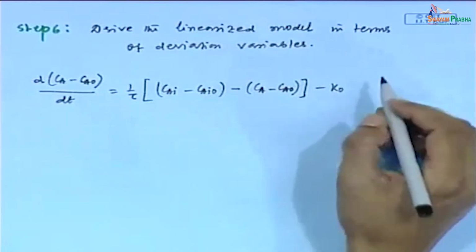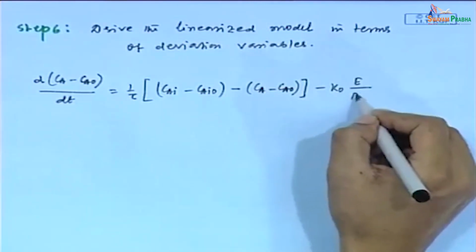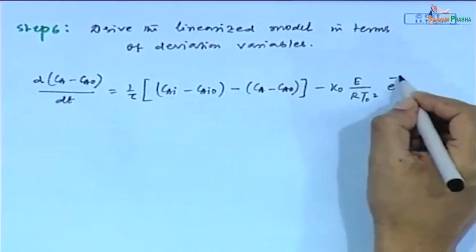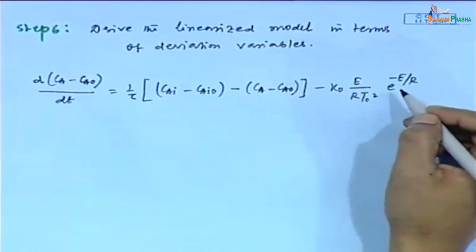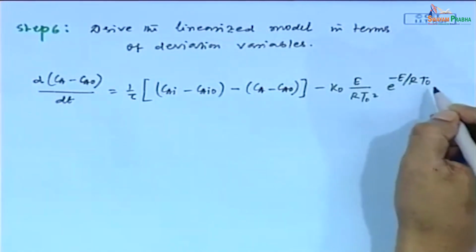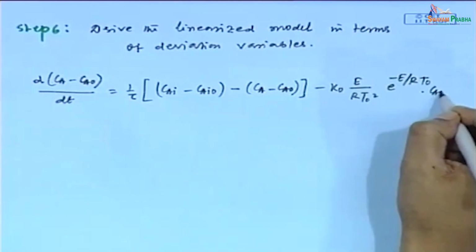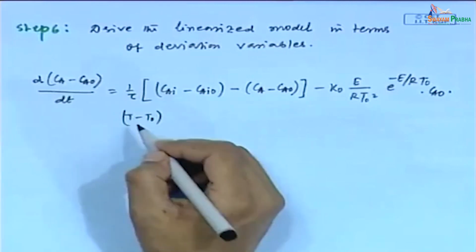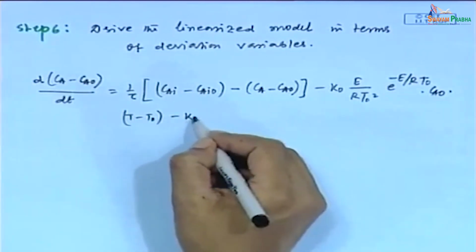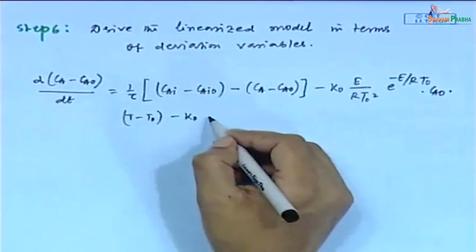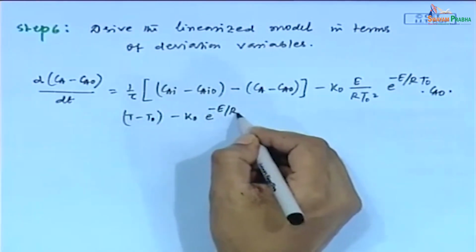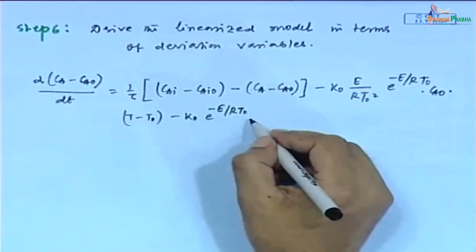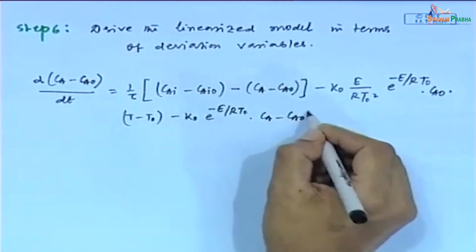Then K naught E divided by R T naught square, exponential of minus E divided by R T naught, multiplied by C_A naught, multiplied by (T minus T naught), and the last term is K naught exponential of minus E divided by R T naught (C_A minus C_A naught).